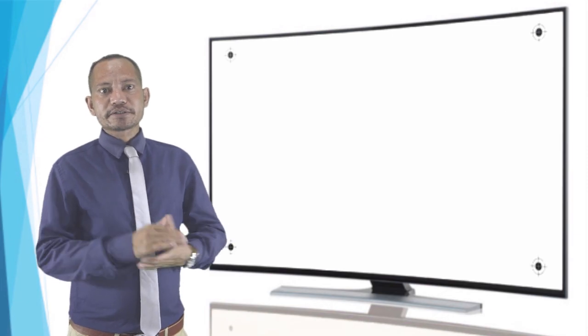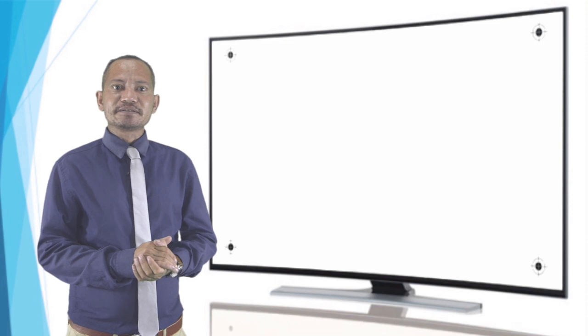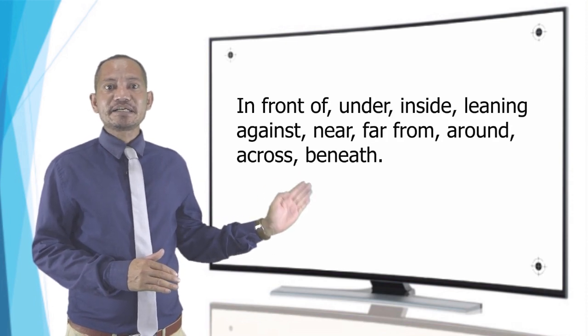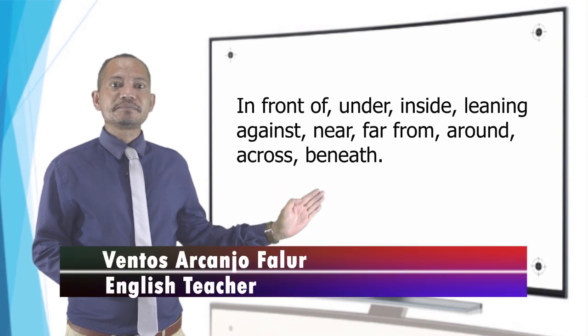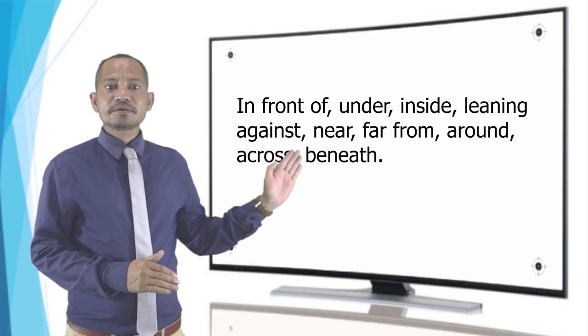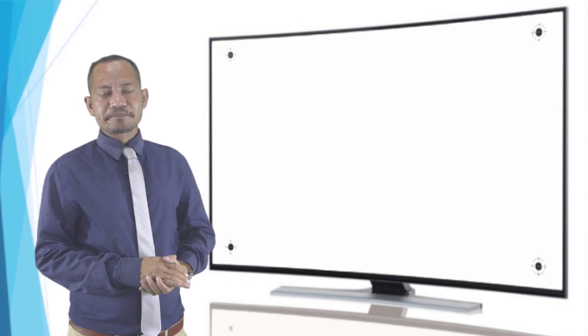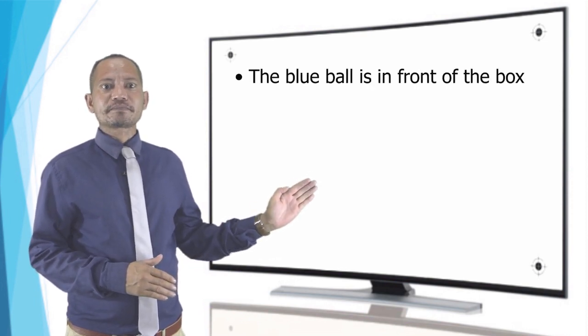Now let's look at some other common prepositions of place and location: in front of, under, inside, leaning against, near, far from, around, across, beneath, etc. Say after me. The blue ball is in front of the box.